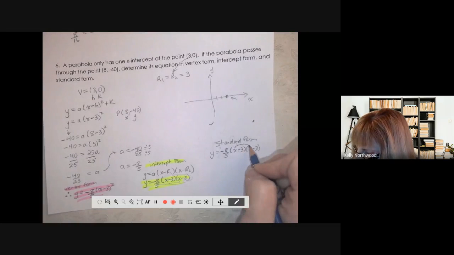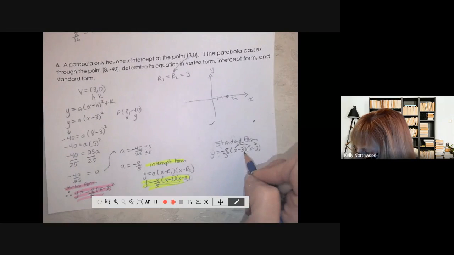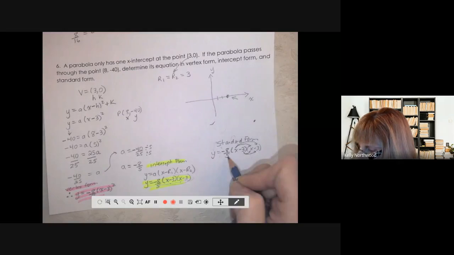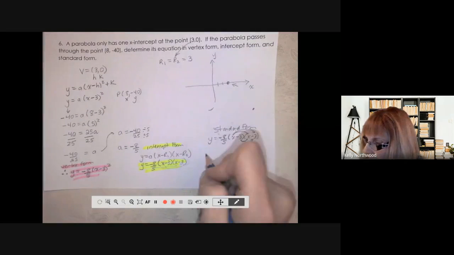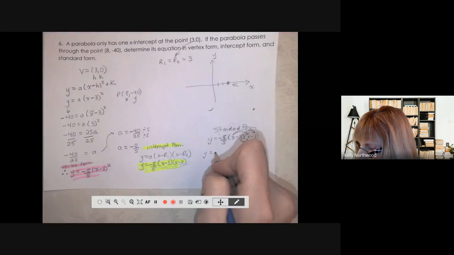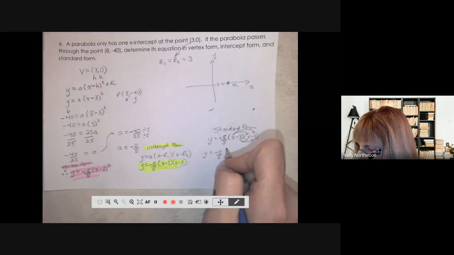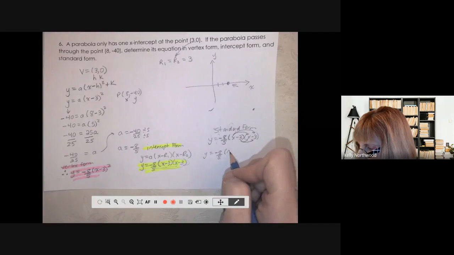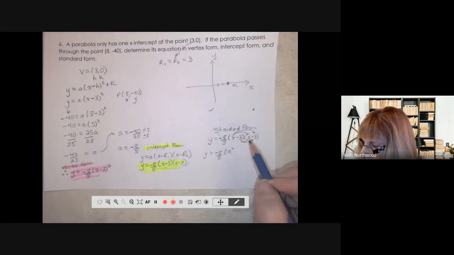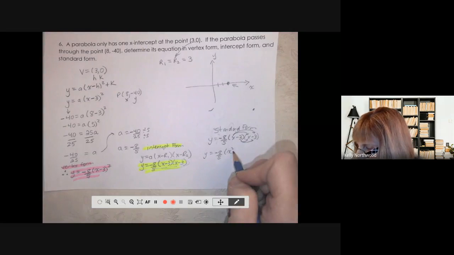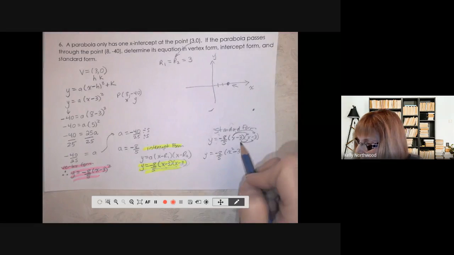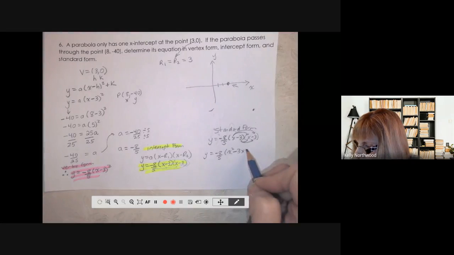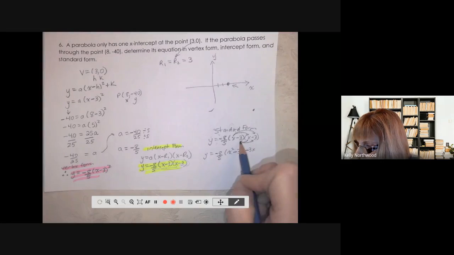So you always do the multiplying the binomials first, and then you leave distributing that constant until the end. So x times x is x squared. X times -3 is -3x. Then my inside, -3 times x is -3x again.